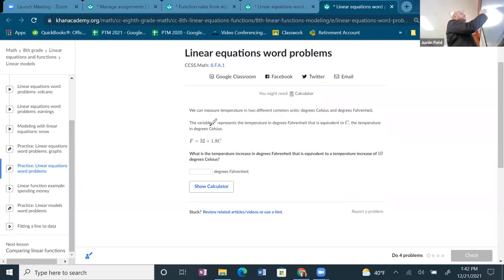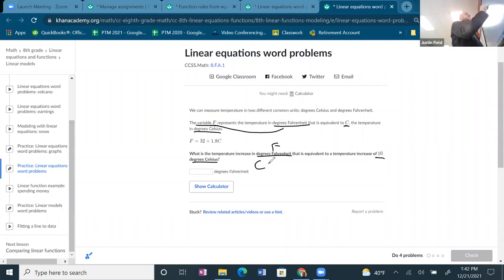I noticed that we have our variables. The variable F is degrees Fahrenheit, and then we have another variable, C is degrees Celsius. It's very important to know what your variables are. What is the temperature increase in degrees Fahrenheit that is equivalent to a temperature increase of 10 degrees Celsius?